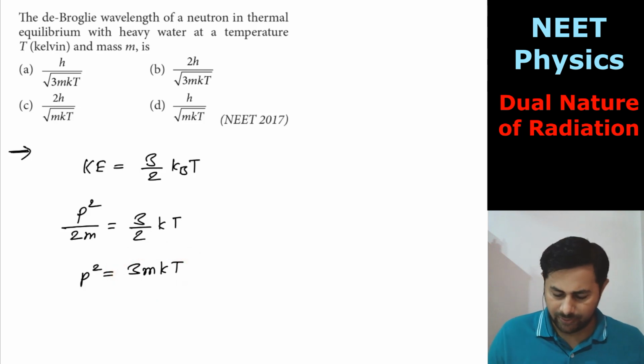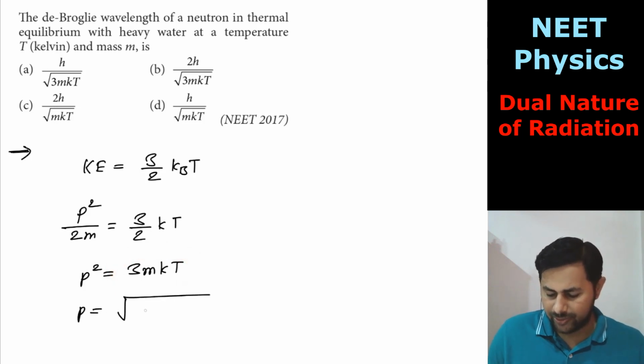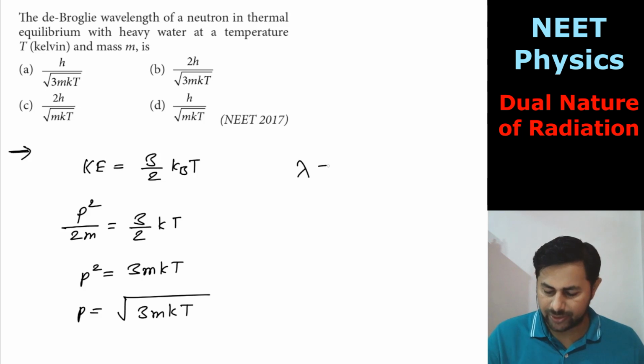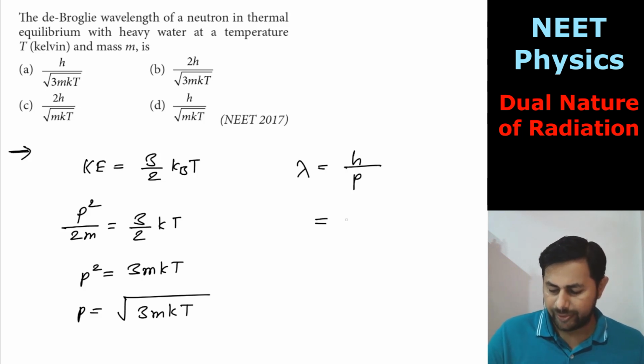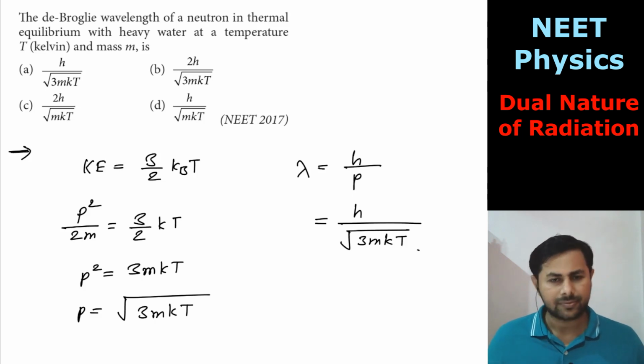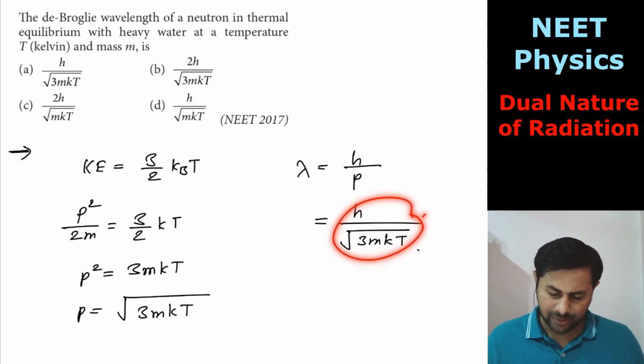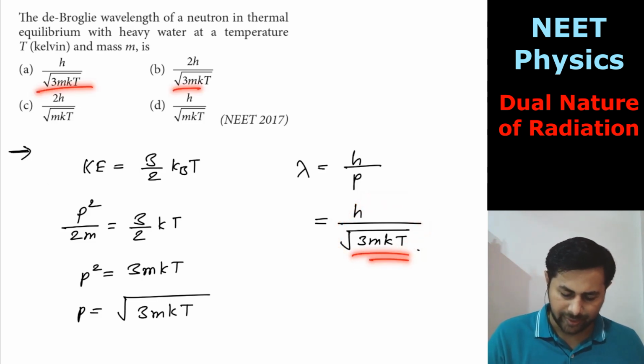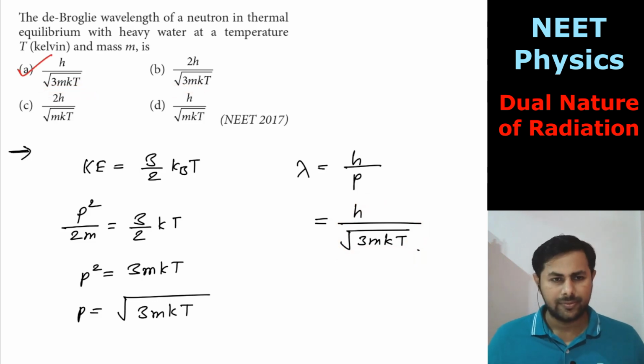And then therefore what is p? p is square root of 3mkT, and therefore you have its de Broglie wavelength lambda equals h by p, that is h divided by square root of 3mkT, right? This is clear. It's option A, right? So simple, very simple, of course, if we know this, okay, good.